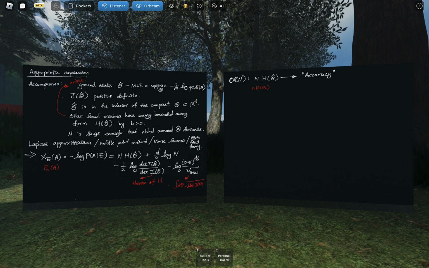Those two things are close to each other as n goes to infinity if our model has something called asymptotic consistency, and that just means that if you have a large enough sample set, your best guess parameter will be the parameter that is closest to the truth.